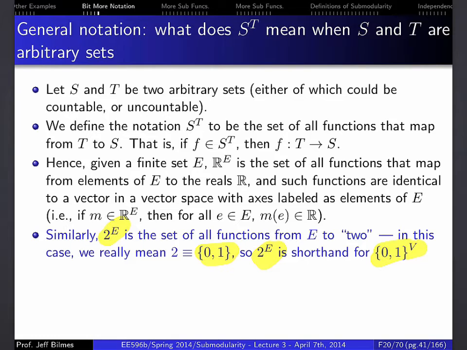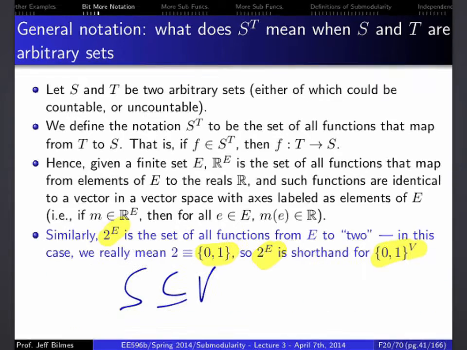So it's a binary vector. It's a bit vector corresponding to the set V. And if an element is in the set, then it's a 1. If an element is not in the set, then it's a 0. If S is a subset of V, then a bit vector version of S would be a member of 2 to the V. Okay.